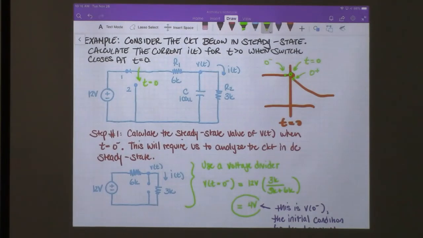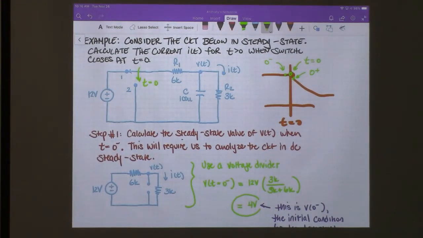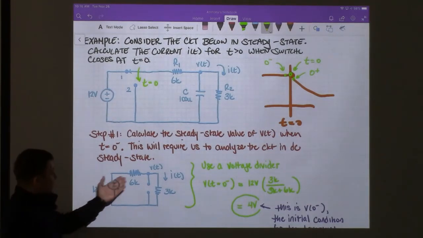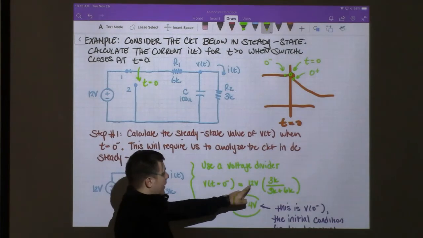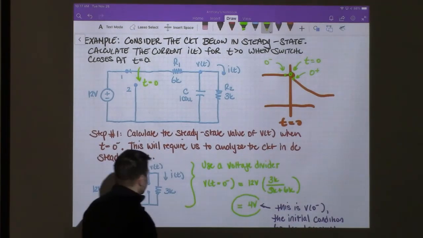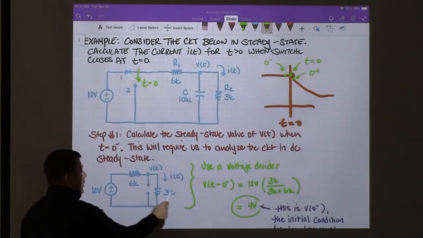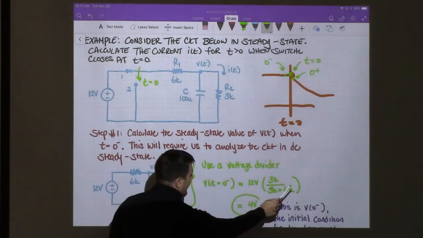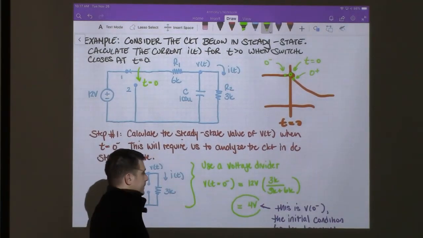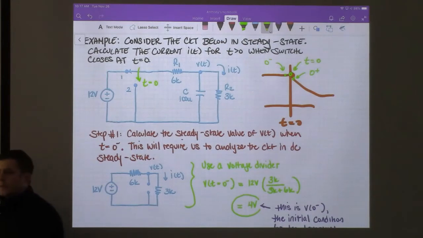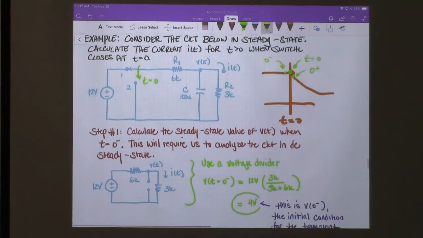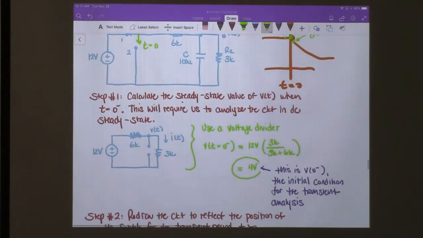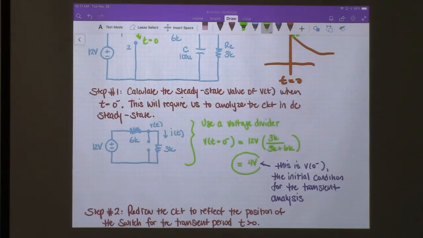So the value of V at t equals 0 minus is going to be represented simply by a voltage divider. It's equal to 12 times R2 over R1 plus R2, 3K plus 6K. And that gives us a value of 4 volts. So the initial value across the capacitor is equal to 4 volts.